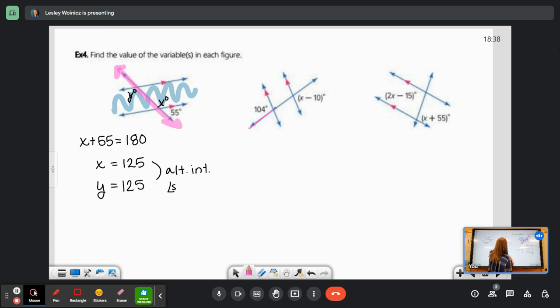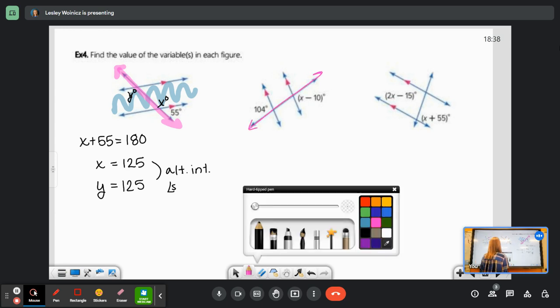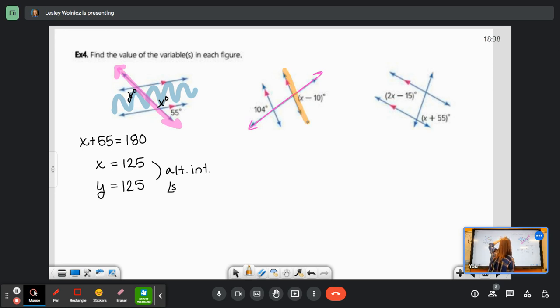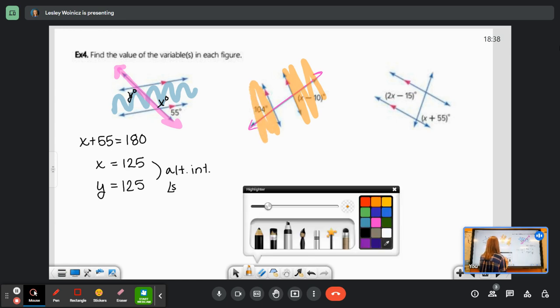Here's my hot pink transversal. Okay. My angles are in the exterior of the parallel lines. They are alternate exteriors.